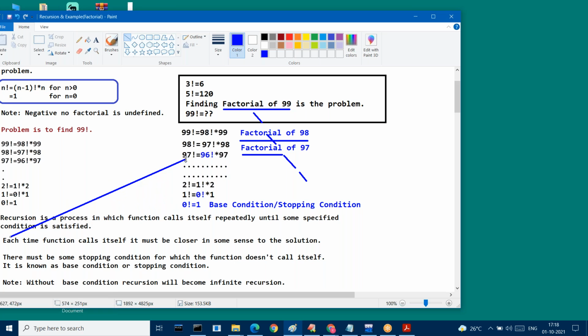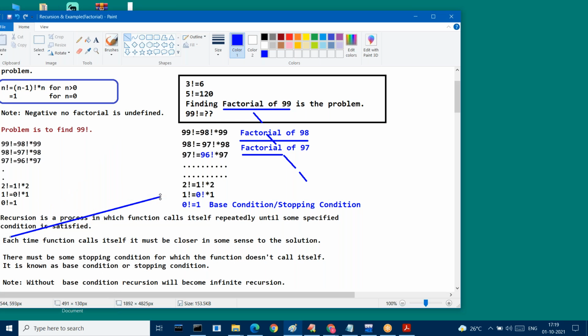Because it's your responsibility. You have to find it. So once you stop, you will not get the solution. But if you keep calling, then definitely you are approaching the solution, because one day the calling will stop. On stopping, you will get this value, this value, this value, and finally the solution. That's why each time the function calls itself, here the factorial function, it must be closer in some sense to the solution.